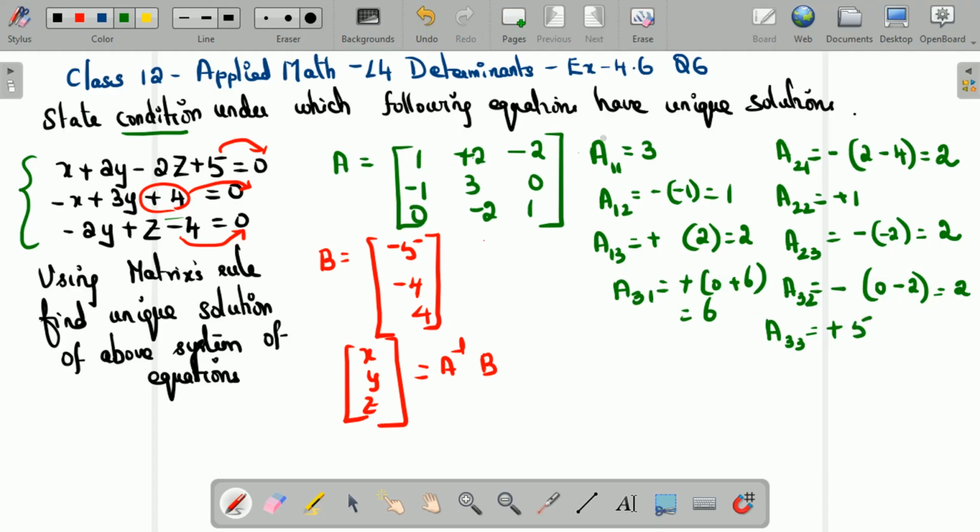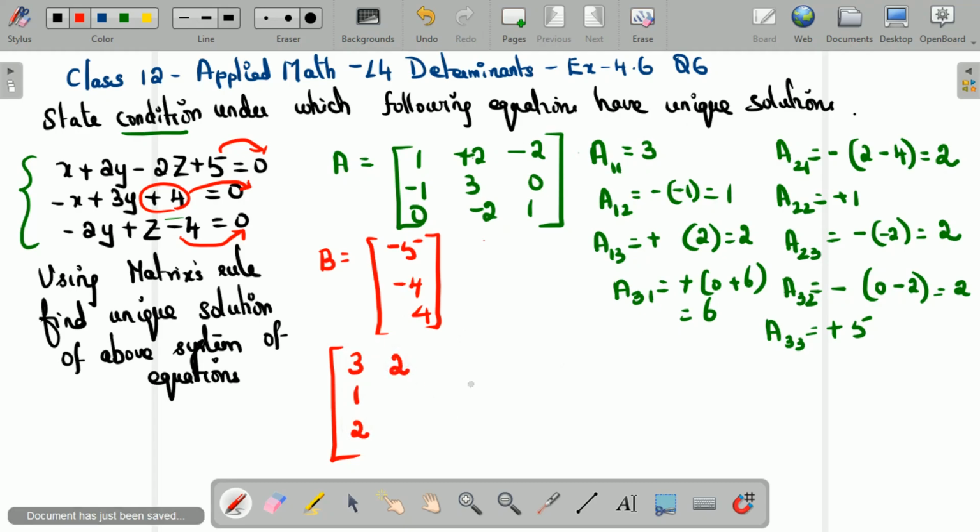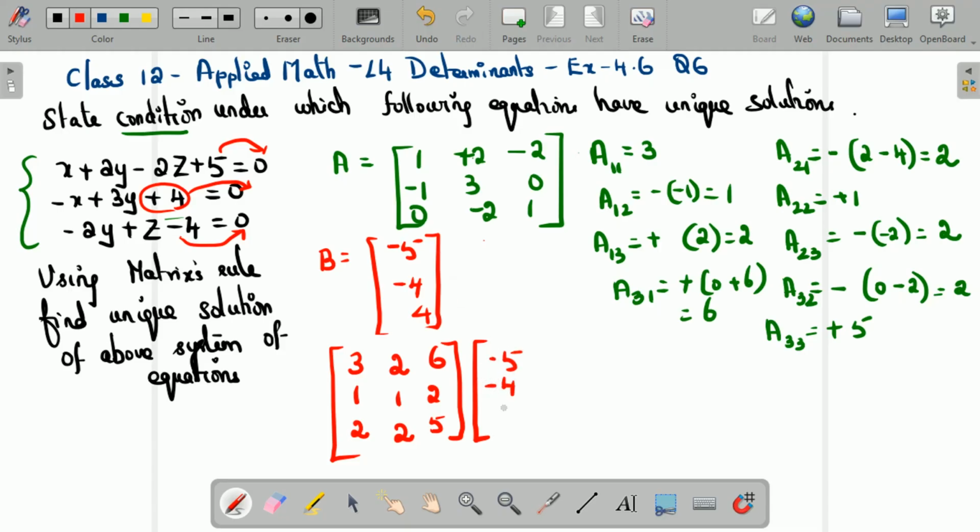Now let's write out the adjoint matrix. The adjoint matrix is the transpose of the cofactors. So I will be writing this 3 here, this 1 here, and this 2 here. Similarly, this will be written vertically because I'm directly taking the transpose. So this is 2, 1, and 2, and this is going to be 6, 2, and 5. Now let's multiply this matrix with the B matrix, which is -5, -4, 4.